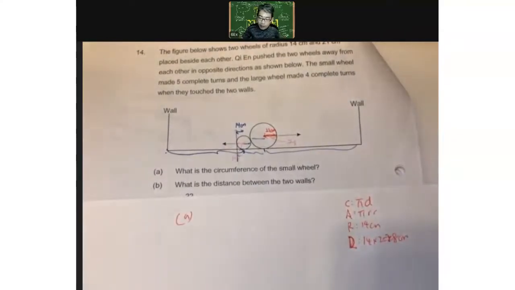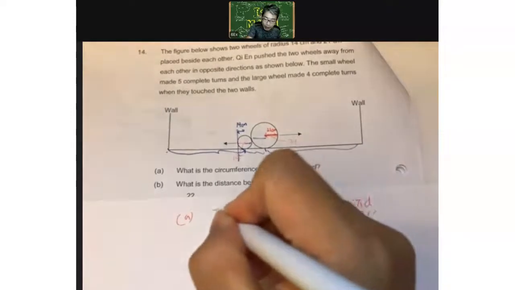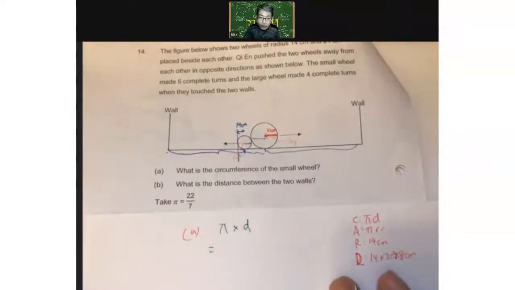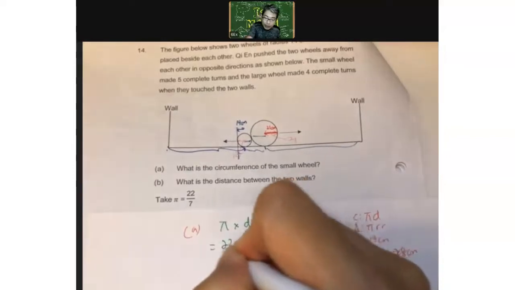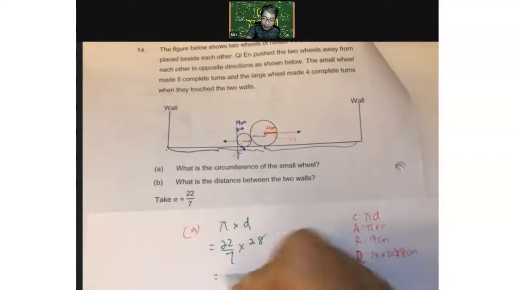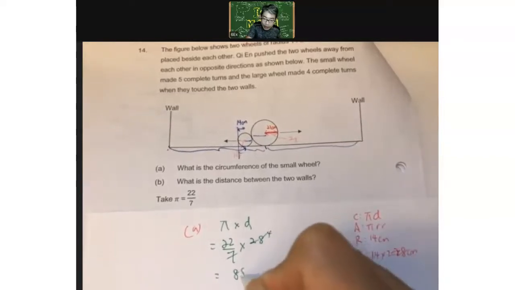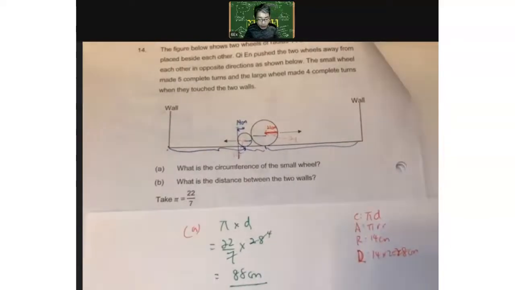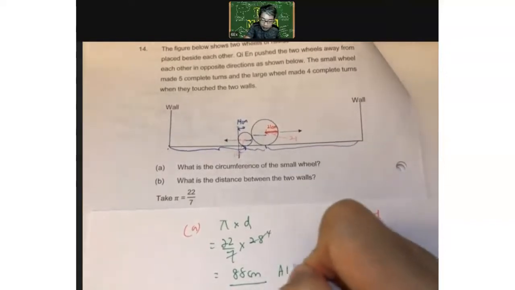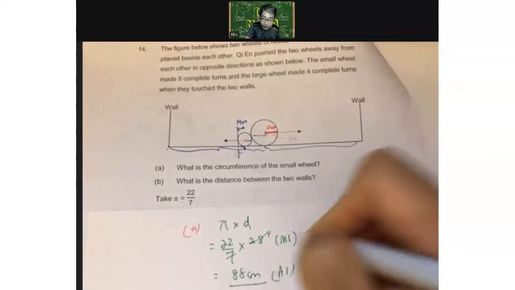So for the first step here, pi times diameter, pi, it will ask to take 22 divided by 7. So 22 over 7 times diameter 28, and you will have 88 cm. So to get the first part here, your 1 mark comes from your answer, and your method mark comes from showing this step.